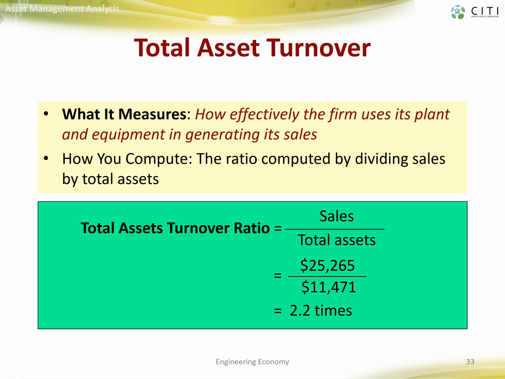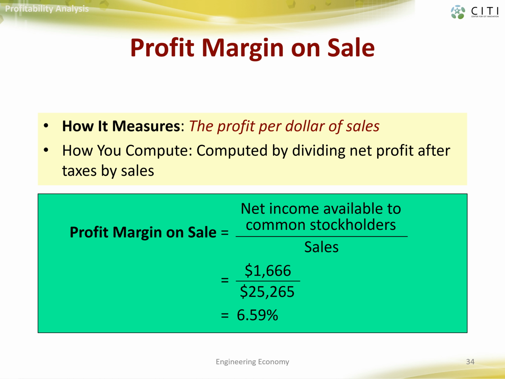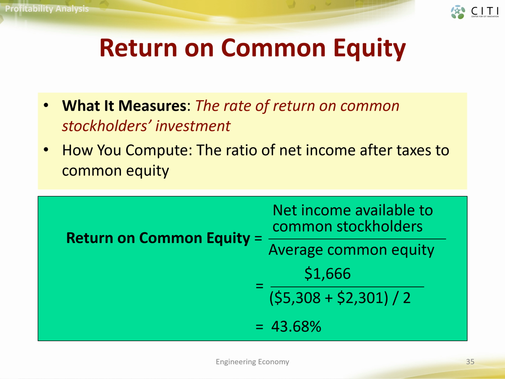You want to make sure that holding less inventory, holding less asset, you can create more sales. And profit margin, you can probably understand that already by the words, right? What's the profit margin on the sales. Of course, it will be the bigger the better.